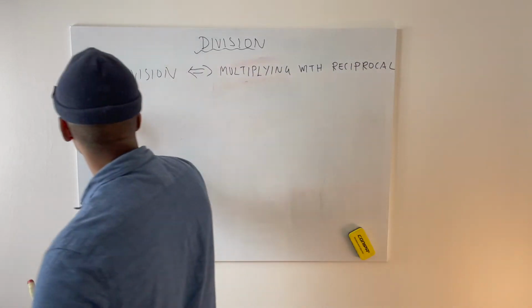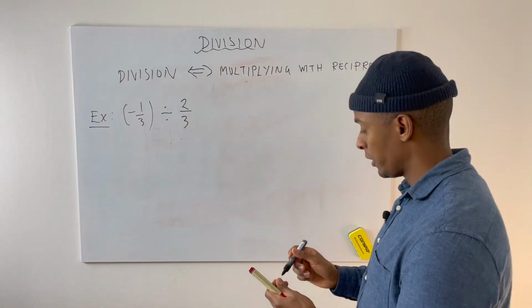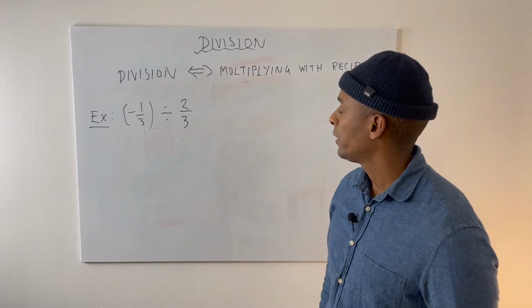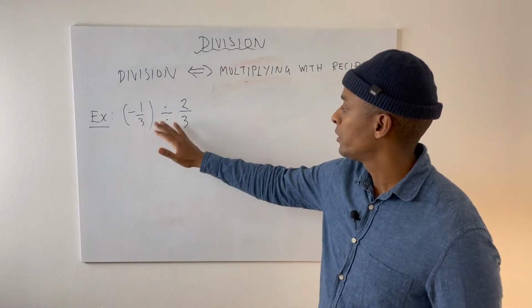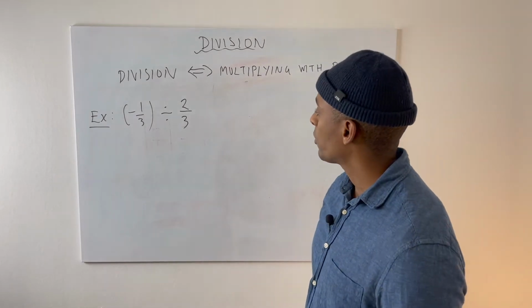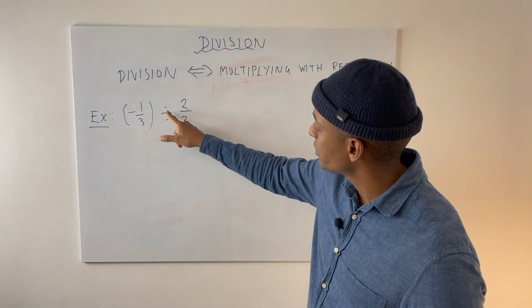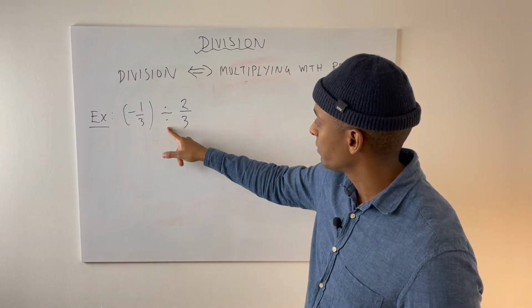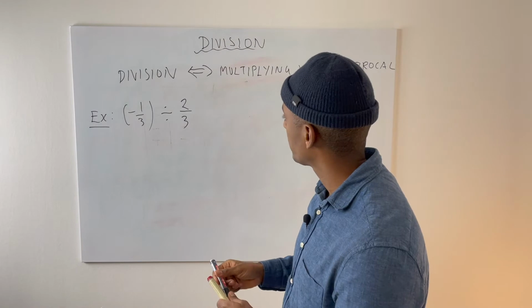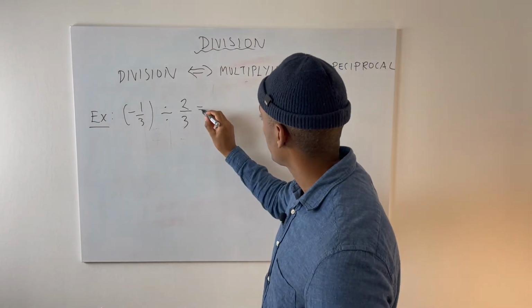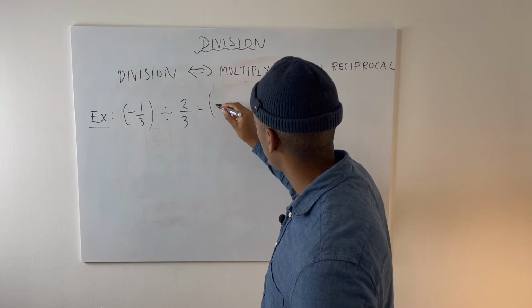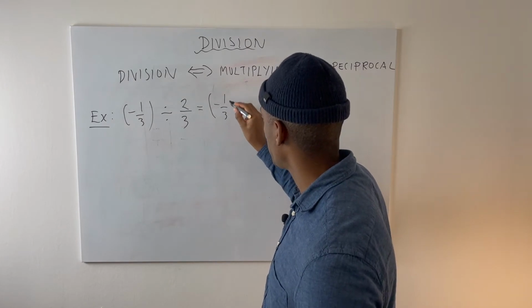So let's do an example, guys. Here we have minus 1/3, and we're going to divide it by 2/3. The first thing I want to do is transform this division into a multiplication. I'll just carry this part over, minus 1/3, that doesn't change at all.